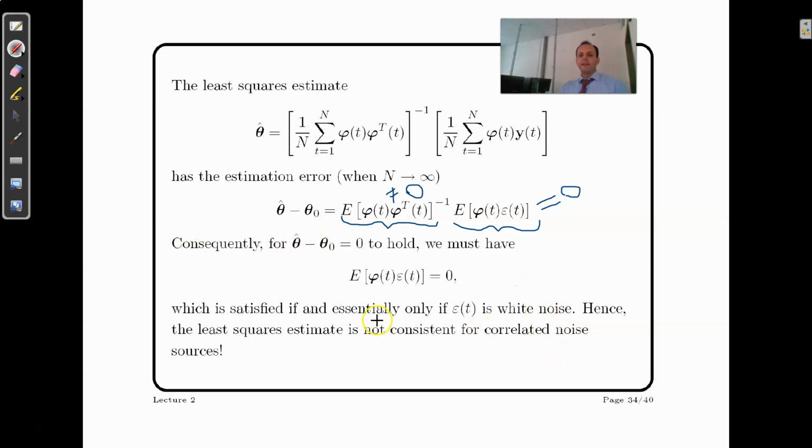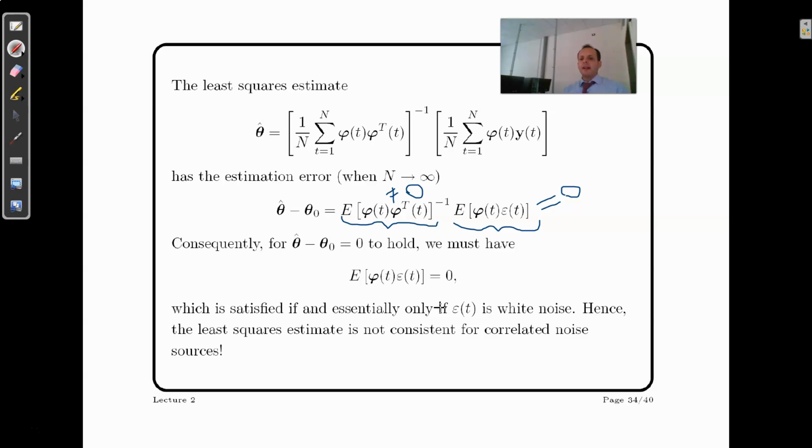So we need that the expected value of this product is 0. It means that epsilon needs to be uncorrelated with respect to phi. And we said that this expression is true only if epsilon is a white noise. So it's the case of the ARX.